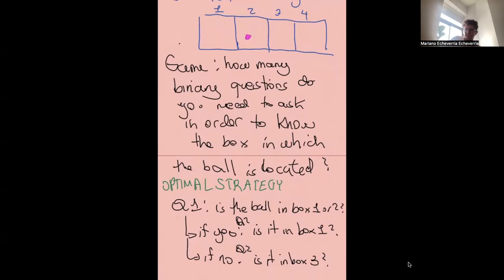Is that making sense? So here you do win in 2 steps. Let me put it for 8 boxes first, right?